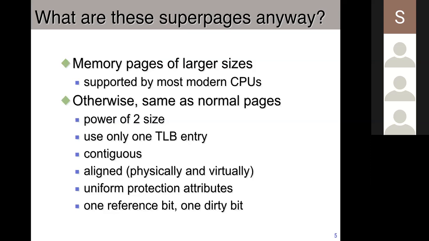Let's say you have to swap out that large superpage. Since you don't know which base page is dirty, you'll have to swap out the whole superpage. So this is an important source of overhead, and this paper tries to address that issue as well.